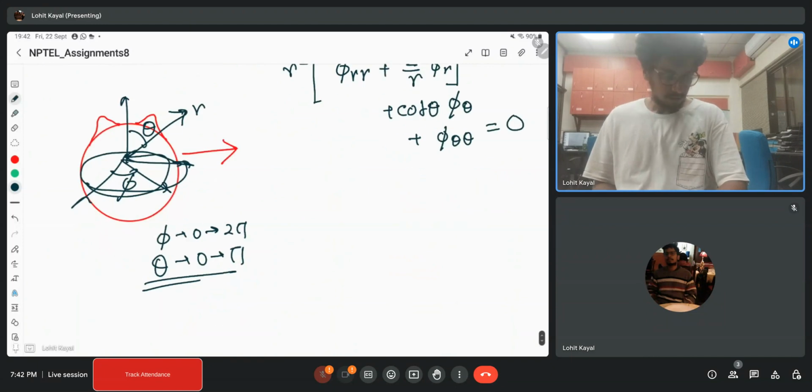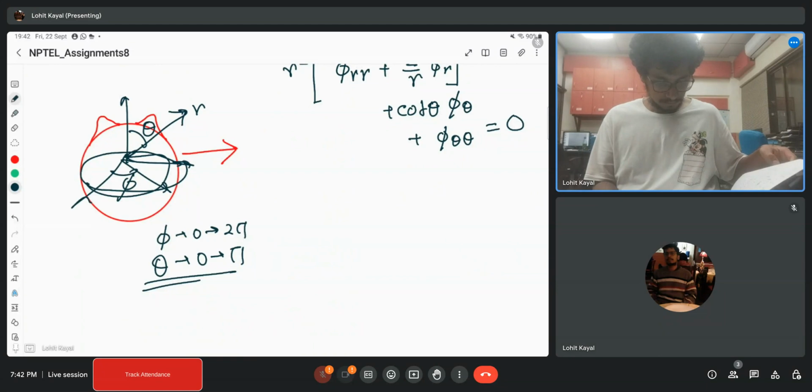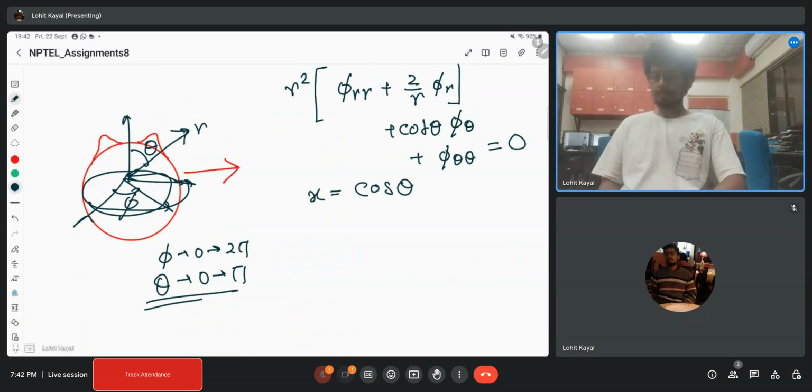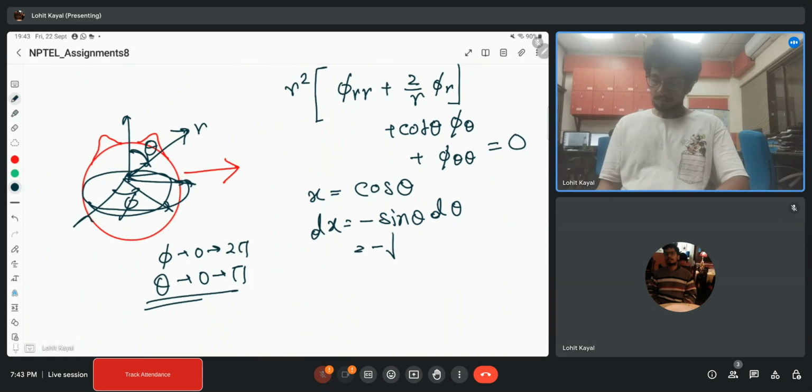Oh, I have forgotten this one, theta. Okay. Now if we substitute x equal to cos theta, where theta is the polar angle I talked about previously, then dx equal to minus sine theta d theta is equal to minus square root of 1 minus x square d theta.